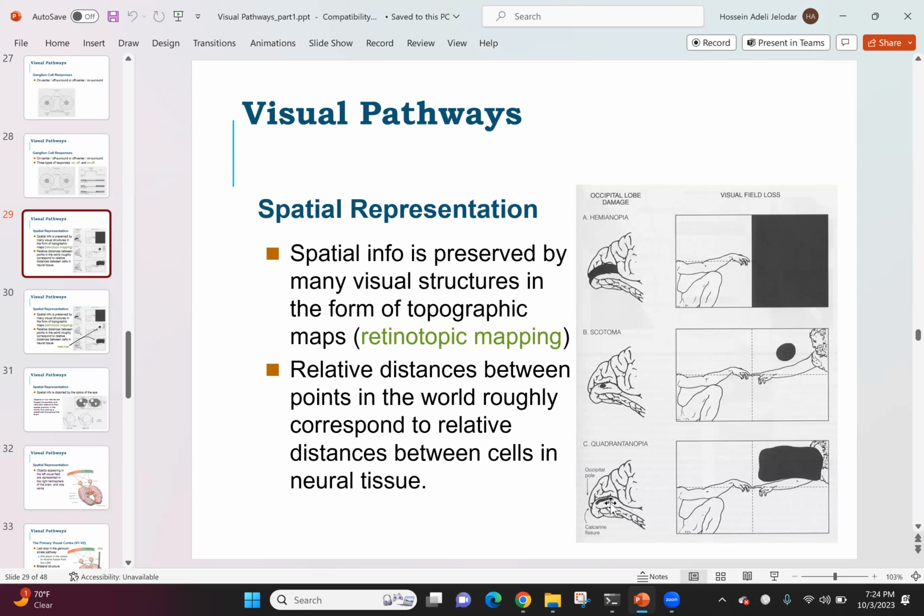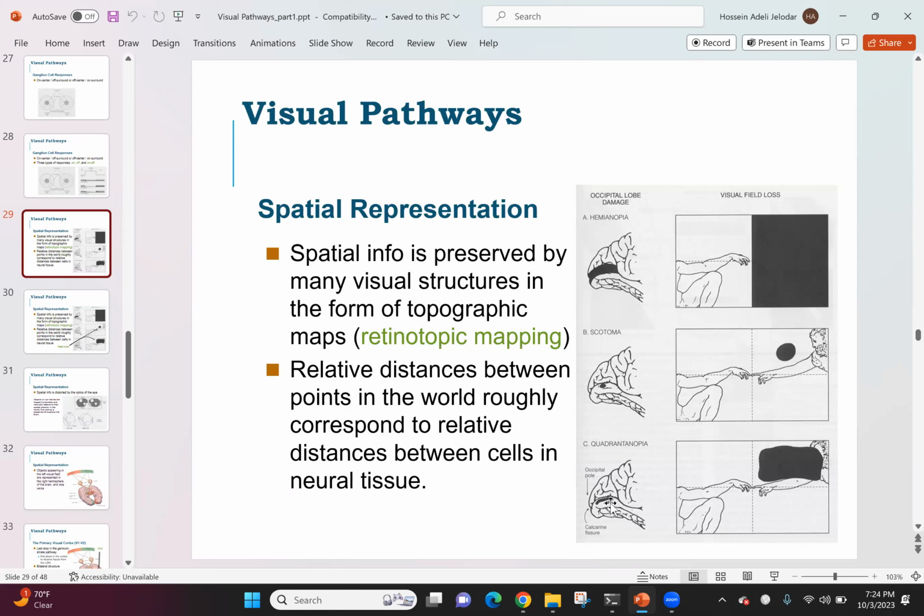Does that make sense? The receptive field is going to be next to it because these cells are next to each other in the cortex. In the tissue of the cortex, the cells are close to each other. So the receptive field, the area of the world that they respond to, are close to each other. And that's called retinotopic mapping.